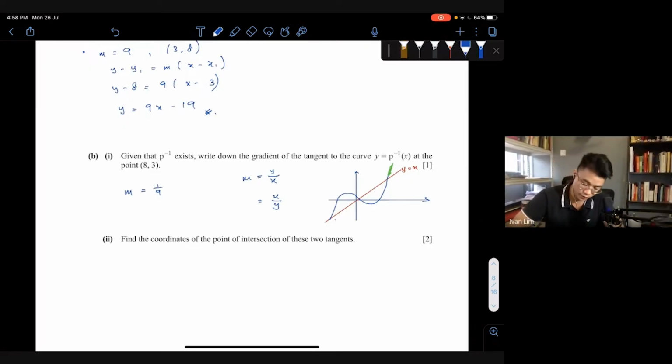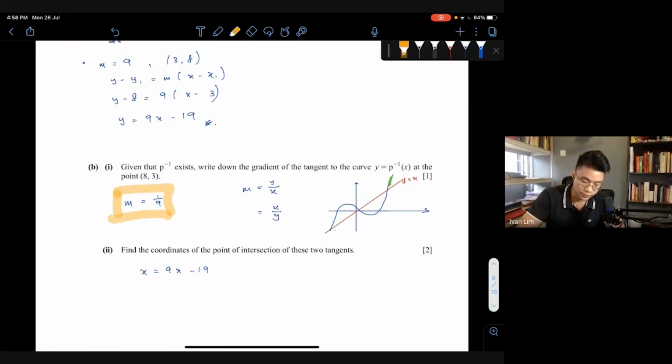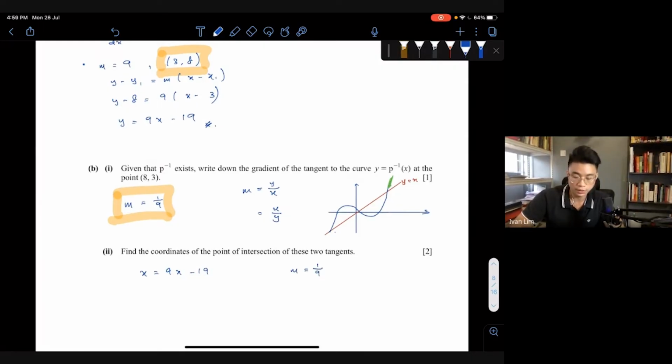If you all do the more manual way, you all still can use this value. Then all my x will become y's and all my y's become x, right? So that means it'll be m equals 1 over 9. This is the alternative way. If you are not so confident, m equals 1 over 9, then your point will become 8, 3.